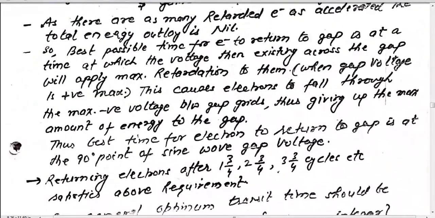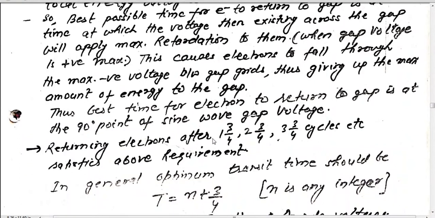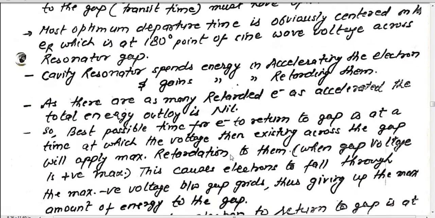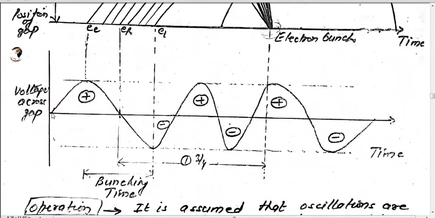So thus the best time for the electron to return to the gap is at the 90 degree point of the sine wave gap voltage. So return electrons after 1 3/4 cycle, 2 3/4 cycle, 3 3/4 cycle, etc. satisfy our above requirement. Because here we see this is the one cycle from this point to this point, and to apply maximum retardation energy, that suitable time is somewhere here, this point, and this is 3/4.